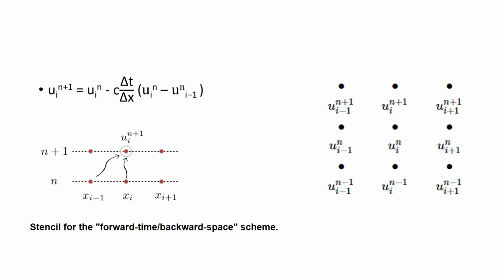So this clearly explains how the code should be done. So u_i^(n+1), that is this point, is equal to, it is taking the value of 2 points, that is u_i and u_(i-1) at time step n.